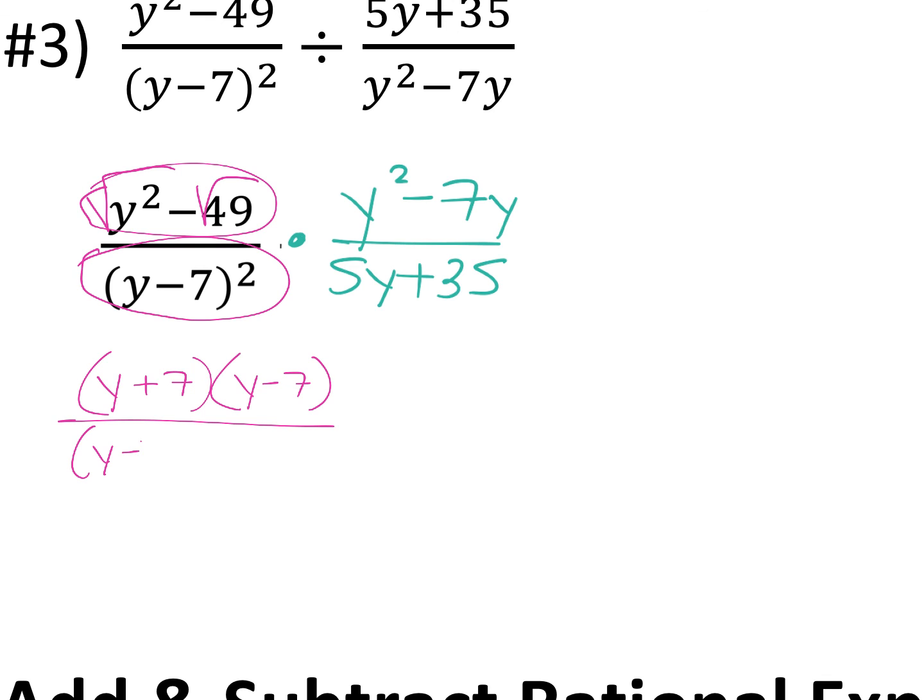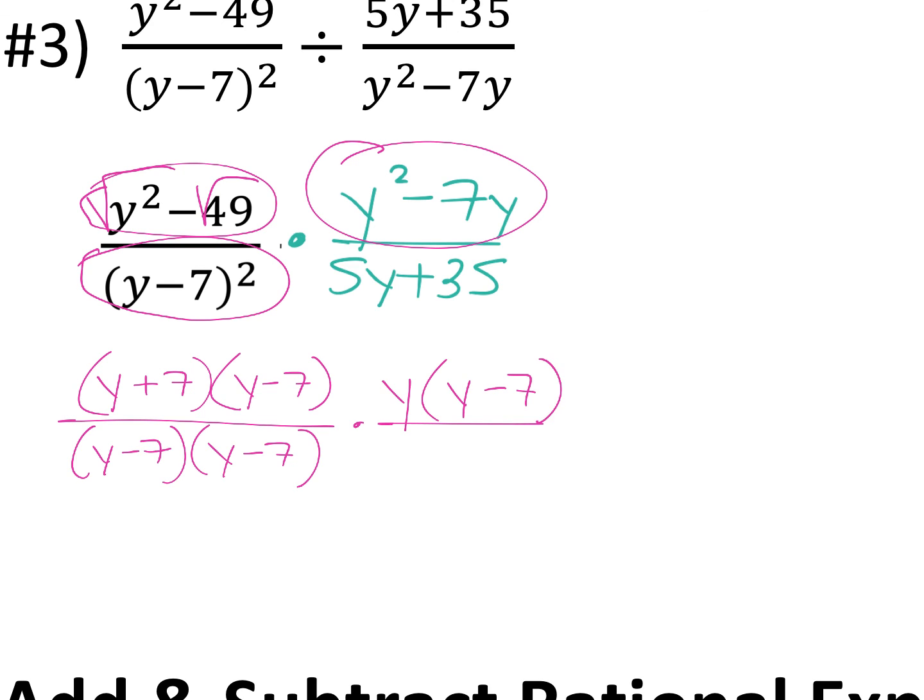It's y minus 7 times y minus 7, right? Okay, go across, factor out a y on that. So if I take a y out, I'm left with y minus 7. And then on bottom, factor a 5 out, and I'm left with y plus 5.